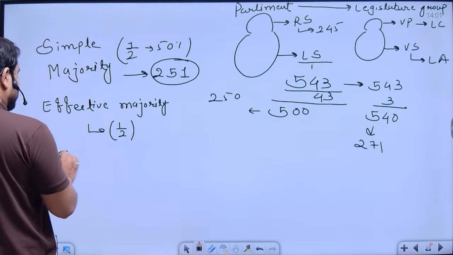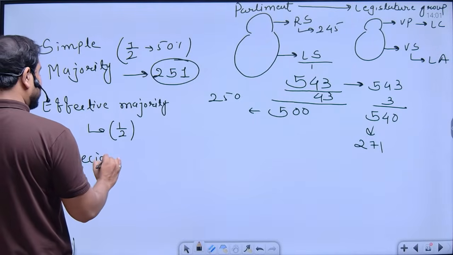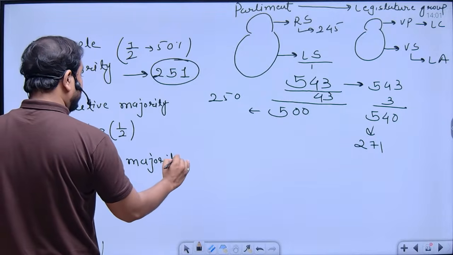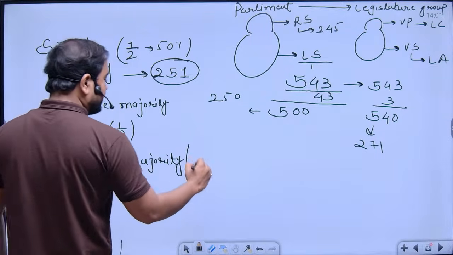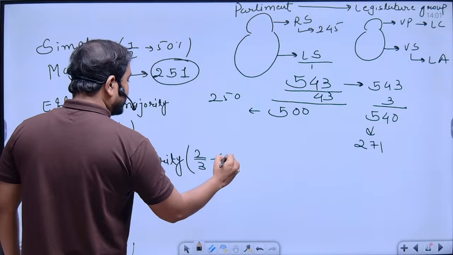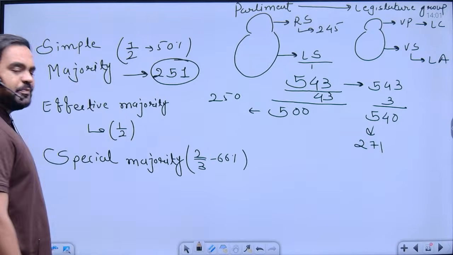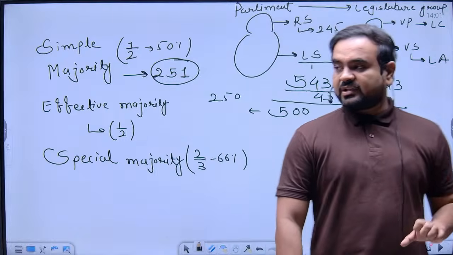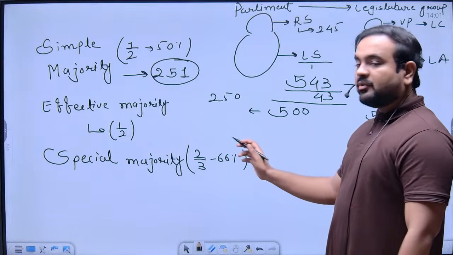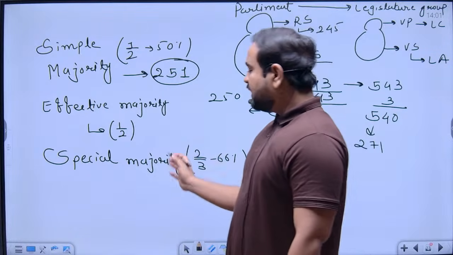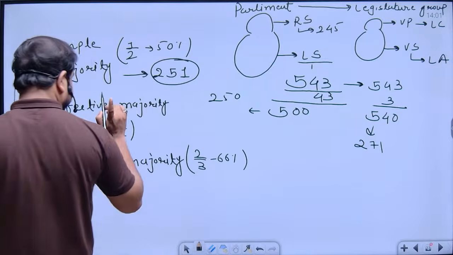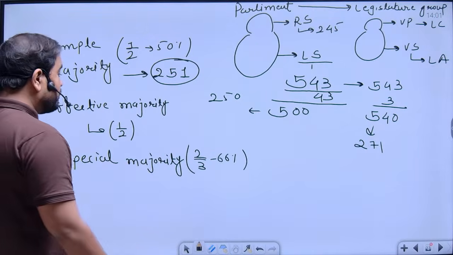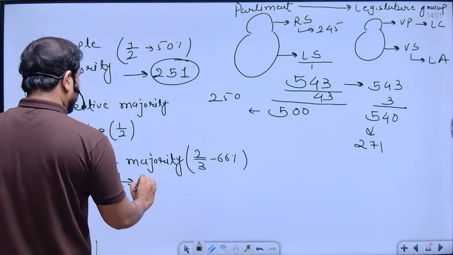There is one more majority, which is known as special majority, and special majority requires more people to pass the bill. That majority is 2/3, and 2/3 means 66%, or you can say 66.66%, around 67%. If these many people are in favor of the bill, that bill will pass easily. But remember one thing: for simple majority you have to consider the people present and voting.